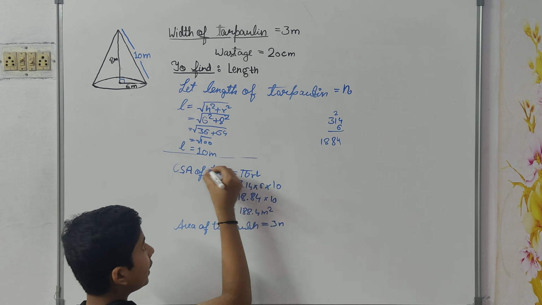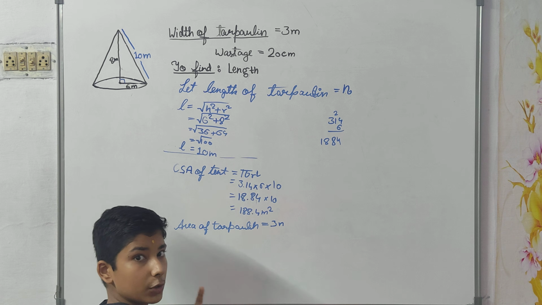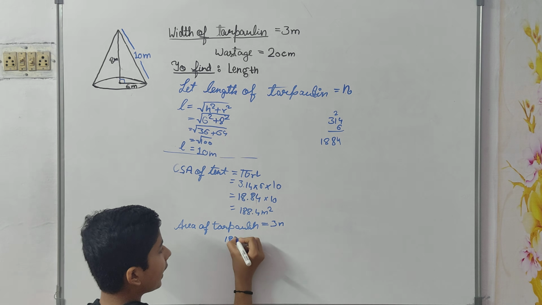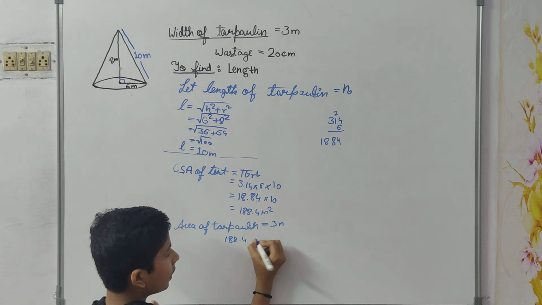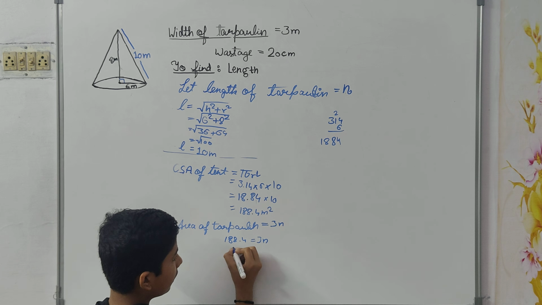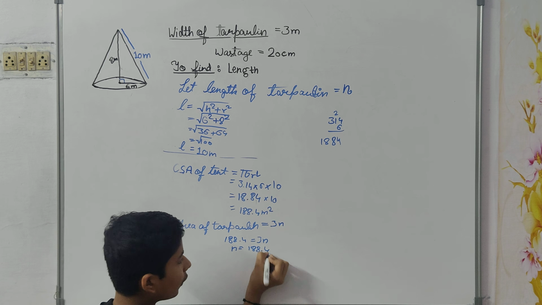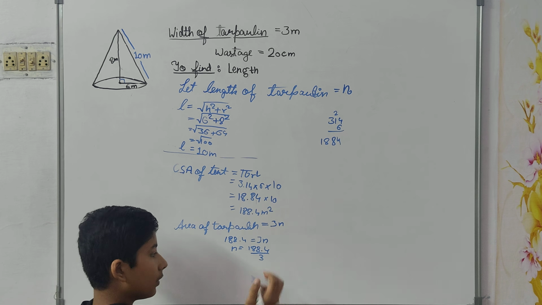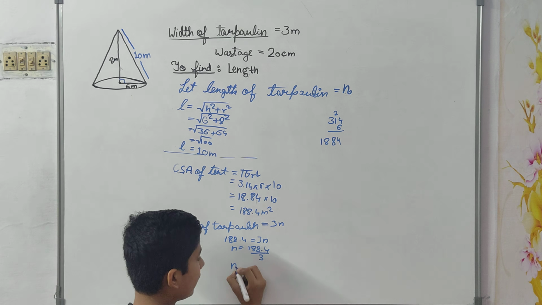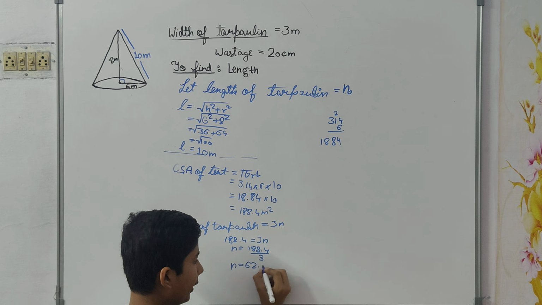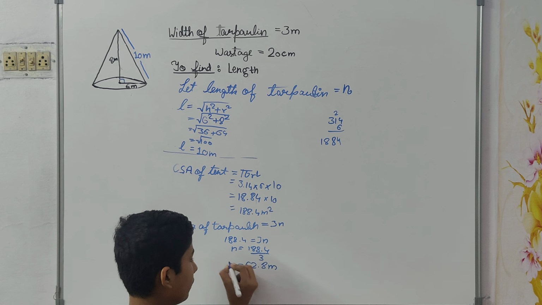Now the area of tarpaulin is the CSA of tent, we all know this. So 188.4 equals 3n. n equals 188.4 divided by 3, which is n equals 62.8 meter.